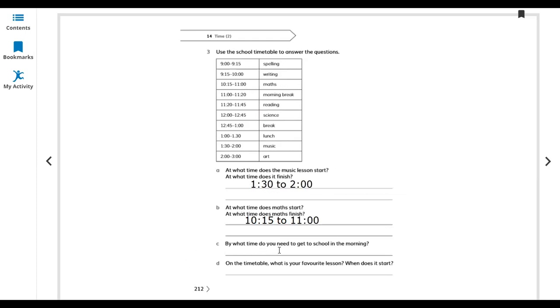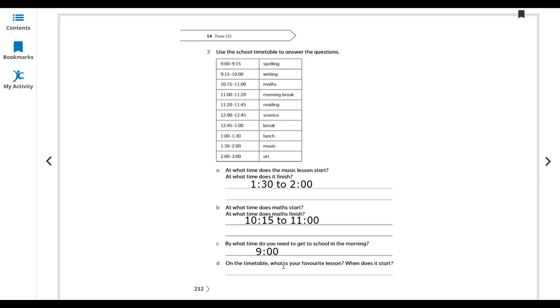By what time do you need to go to school in the morning? School, where is school? This is the spelling class, it starts at 9. It means you should be at school at 9 o'clock, because from 9 until 9:15 you have the spelling class. So at 9 o'clock you should be in school.